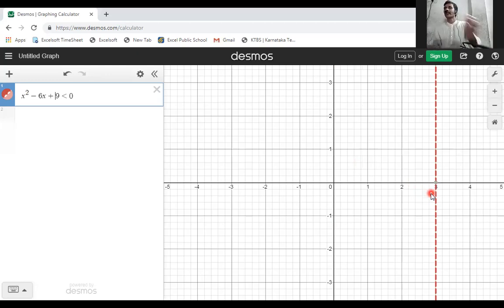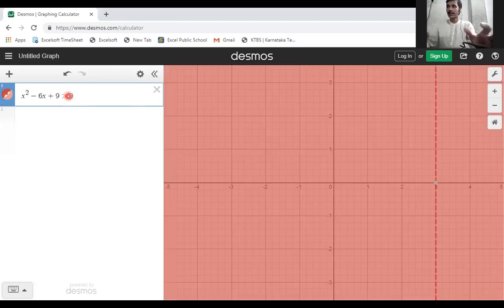See here, less than means only one line, x equal to 3 is the only solution. That too, less than means that is also not a solution. If less than or equal to is there, x equal to 3 is the only solution. And the same problem we have done with greater than also. Greater than means every region is occupied. x takes all real numbers.